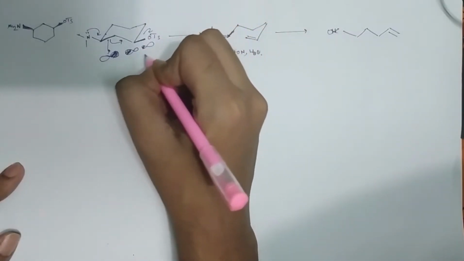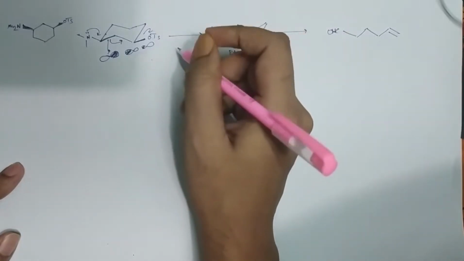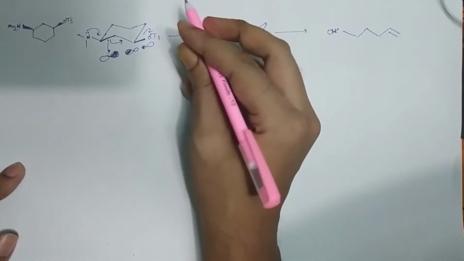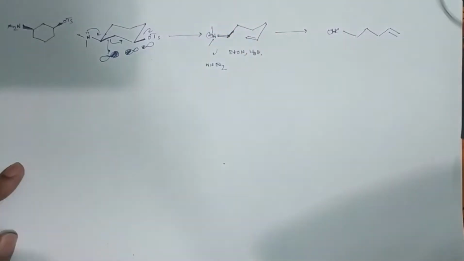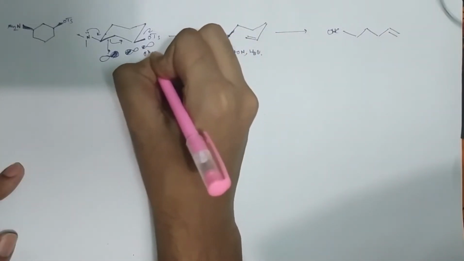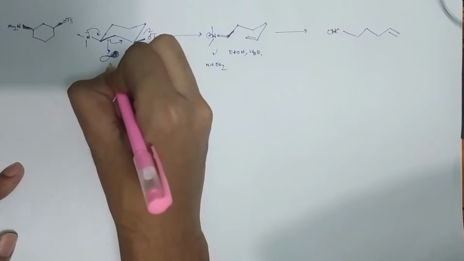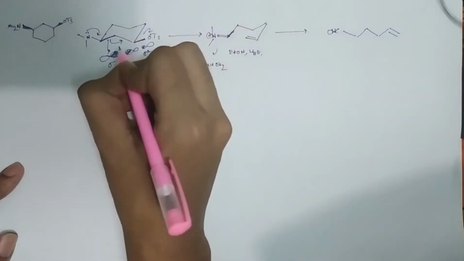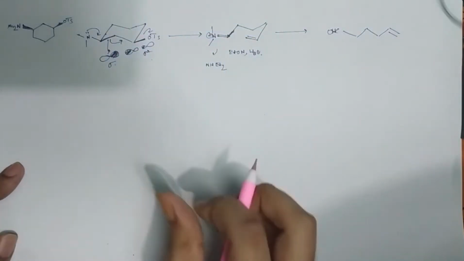So both come in good overlap in the orbital contributions. That is the sigma star and that is the sigma. So they are the perfect conformation for the reaction.